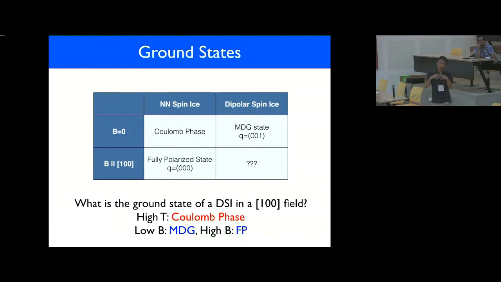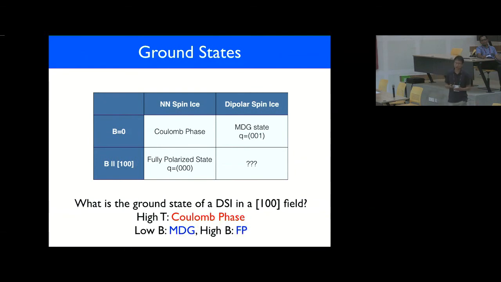So now we know that in the absence of the magnetic field, you get this Coulomb phase, which is a spin ice manifold. If you turn on the dipolar interaction, you get this ordered state. And if you apply a very strong 100 field, you go into this fully polarized state.